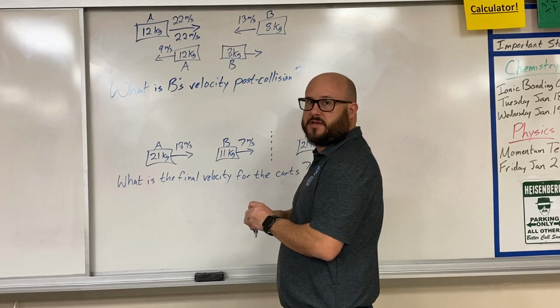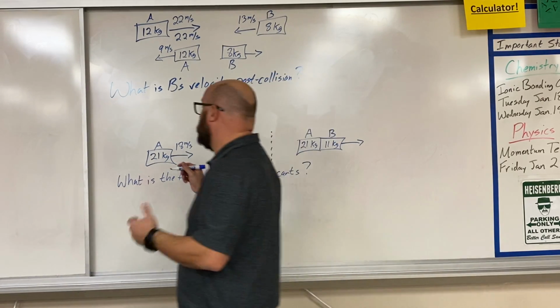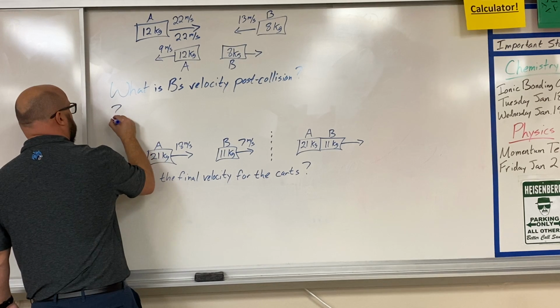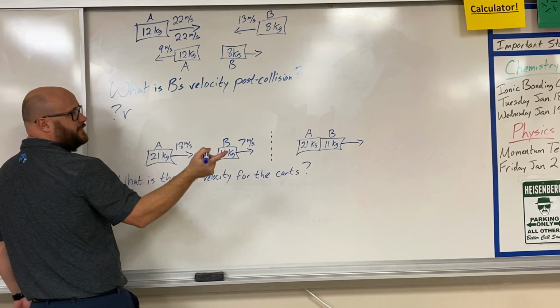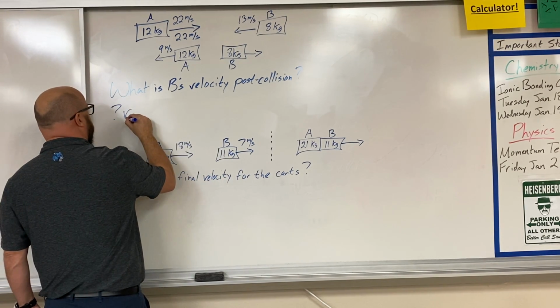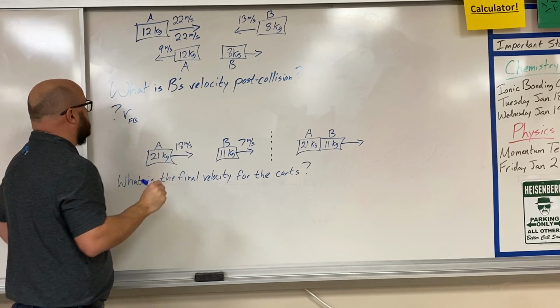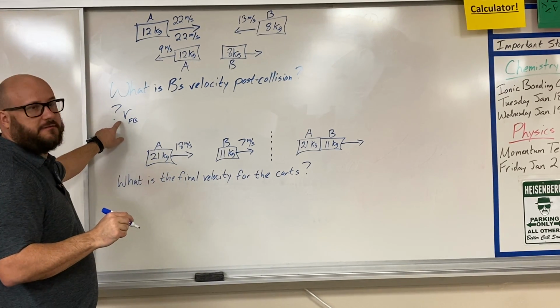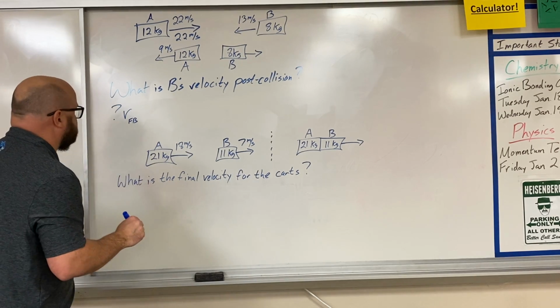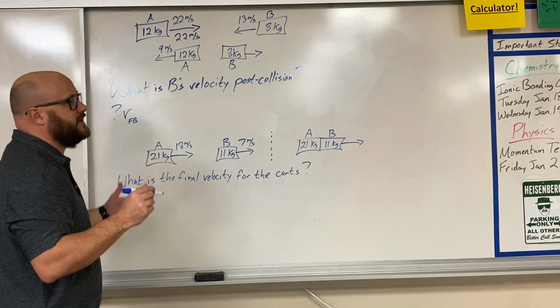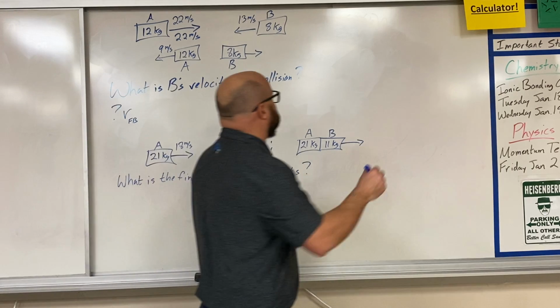So first thing we're going to do, what are we looking for? Question mark, velocity, and I'm going to specify final B. So the velocity final for cart B. Now, what is our formula? Well, it looks like this.